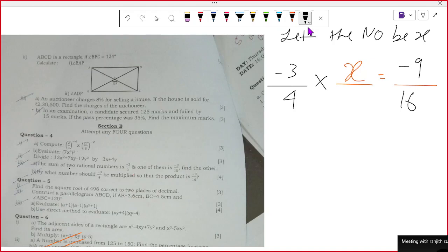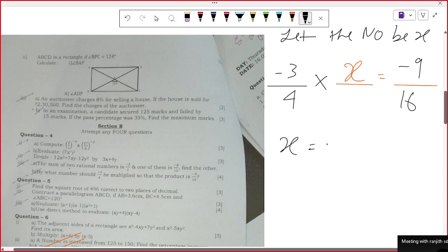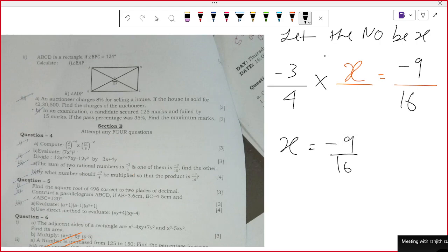Sir, can I answer first? Okay, yeah, answer this. I didn't ask you, and Joanna, right? You, Joanna, and Mariam. Answer this. Sir, x is equal to minus 9 by 16 into minus 4 by 3, sir. Sir, I directly converted. Okay, into, right? Multiplication. Yes, sir. Fine. How do you convert it directly?